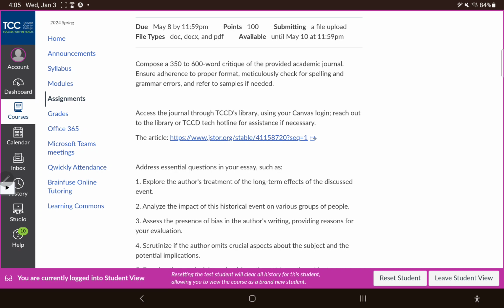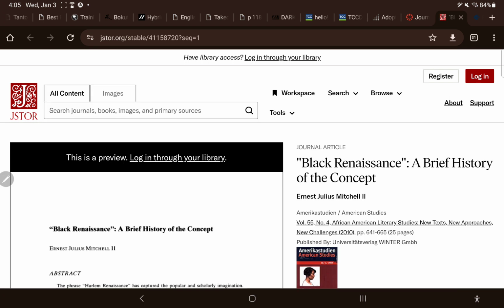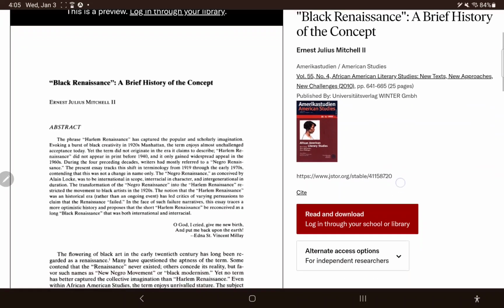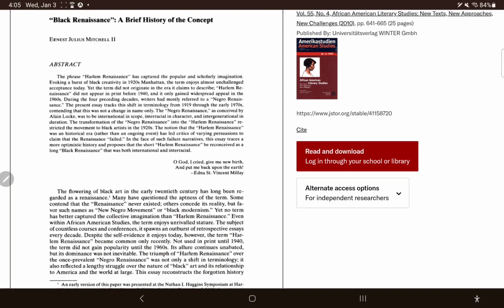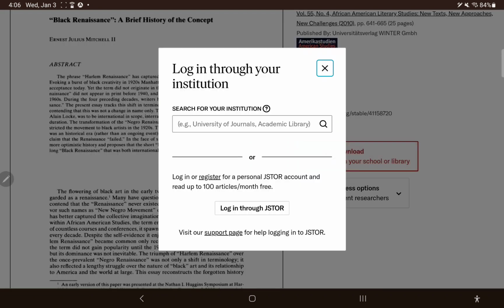I remember seeing it in the syllabus video. You can access it through that link. It will take you to JSTOR. You will have to log in through the school library, and then you'll read this article.